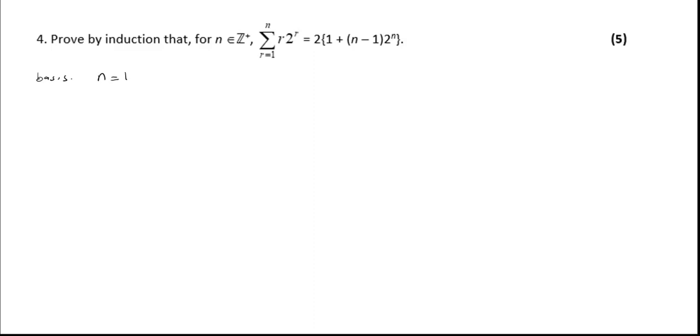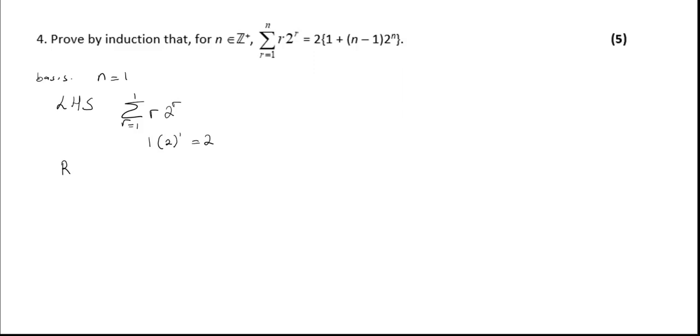n is equal to 1. So let's sub in n equals 1 on the left hand side. And so we're doing the sum from r equals 1 up until 1 of r 2 to the r. And if I sub in 1 into that, I'm going to get 1 times 2 to the power 1, which is 2.